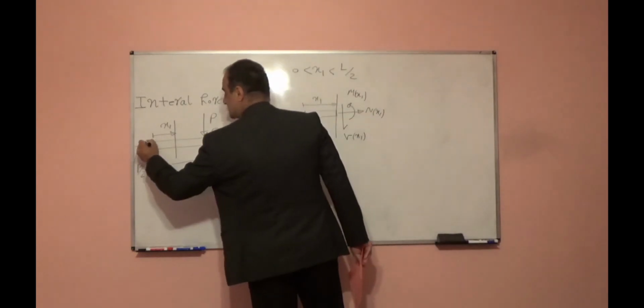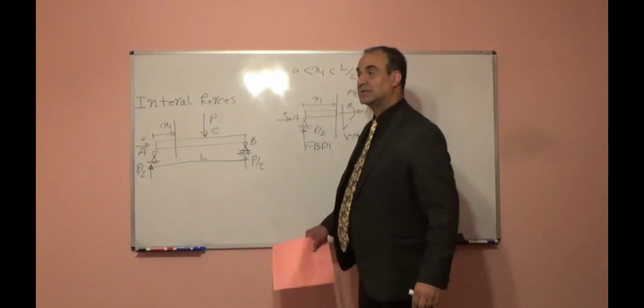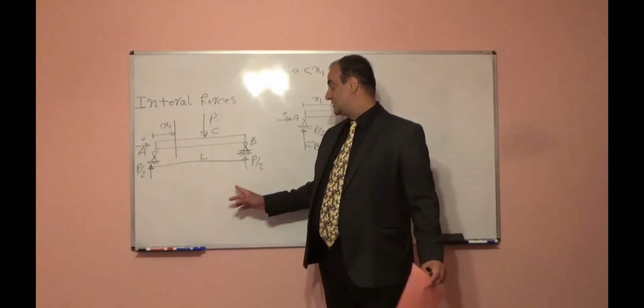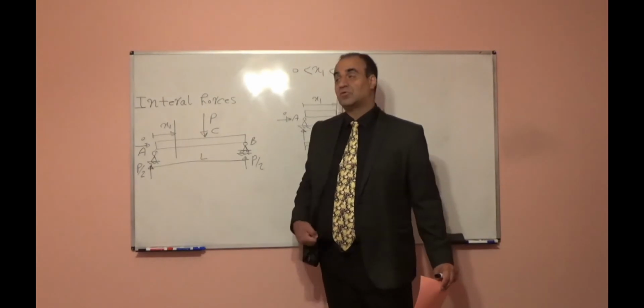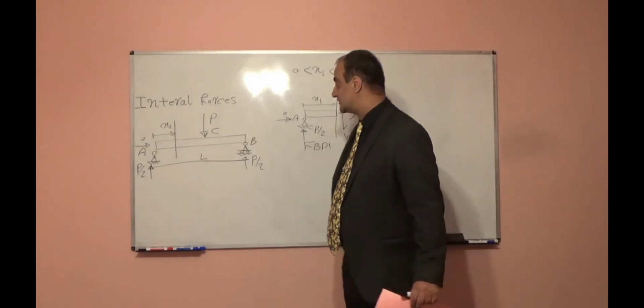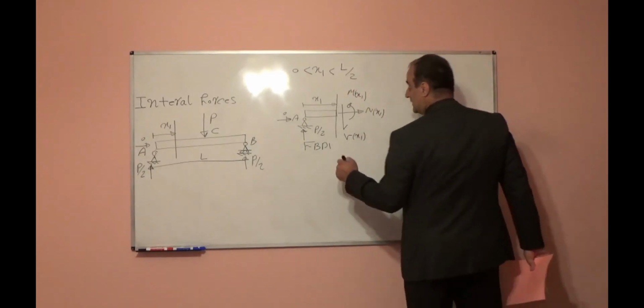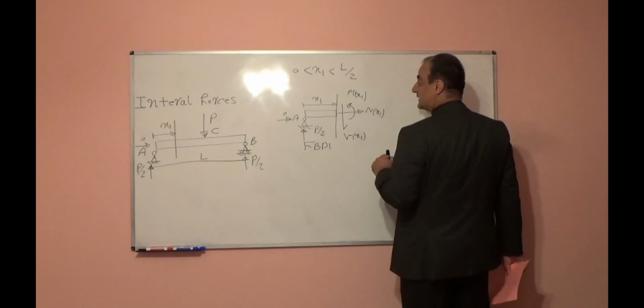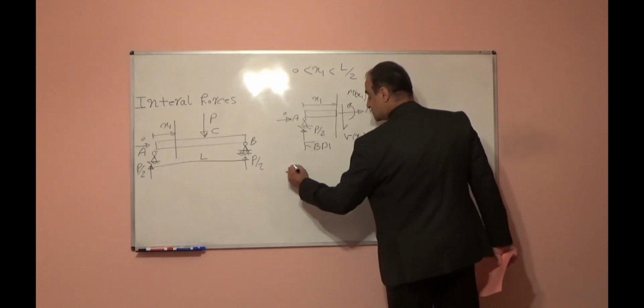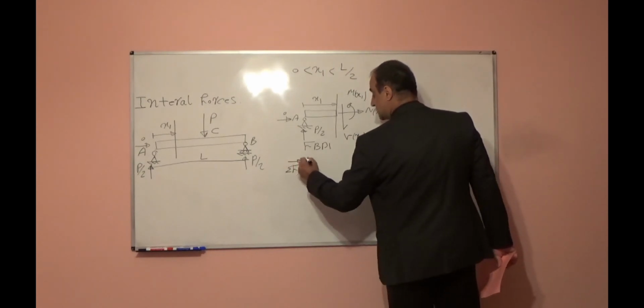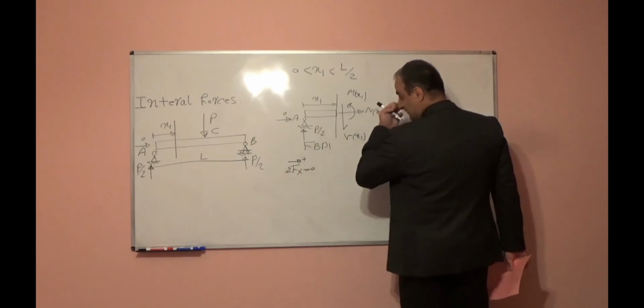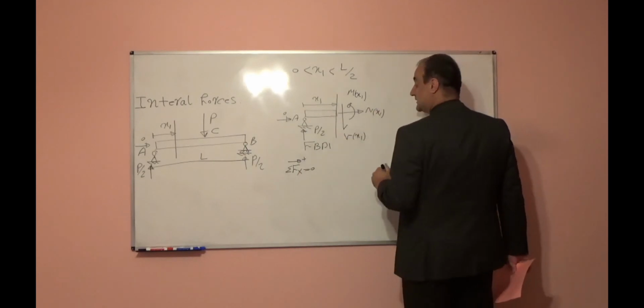And this is 0. If you remember, I found that using equilibrium equations, we can find support reaction. This is very simple, so I don't write the equilibrium equations. Now, in order to find nx1, I can write summation of forces in the x direction equal to 0 for this free body diagram.